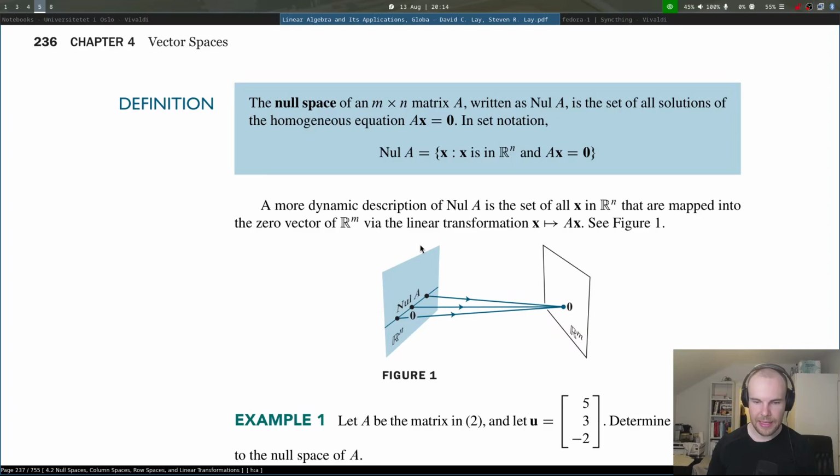Let A be the matrix and let U be a vector, and determine if U belongs to the null space of A. That's pretty simple. We have 5, 3, and minus 2. So U is equal to the column vector 5, 3, minus 2.